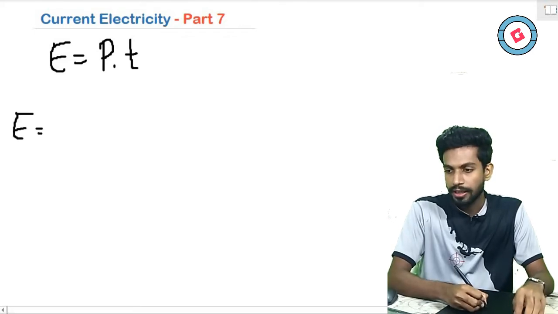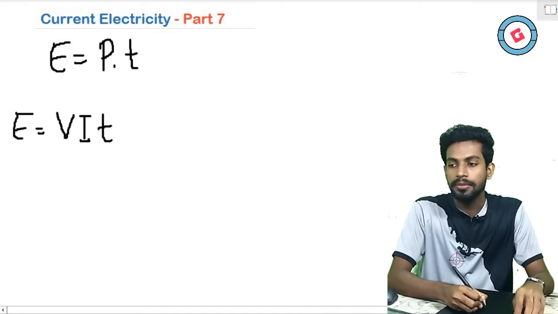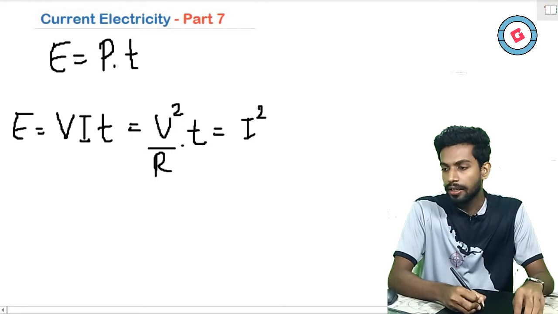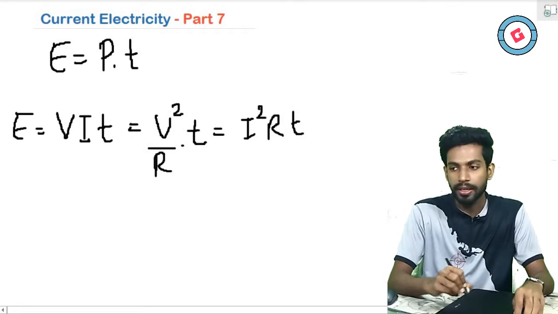VI is the power, so VIt is the electric energy; V squared by R is power, so to get electric energy we multiply by time; and I squared R is again power, and if we multiply by time, it is electric energy.